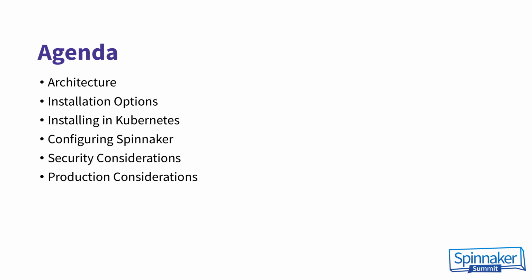So if you want to try it out later, you can do that. It doesn't take a whole lot. Then I'll talk about the different configurations that you can do in Spinnaker. And given how much time is left, I'll get into how you secure Spinnaker, or any other production considerations when you actually have to take Spinnaker to production.